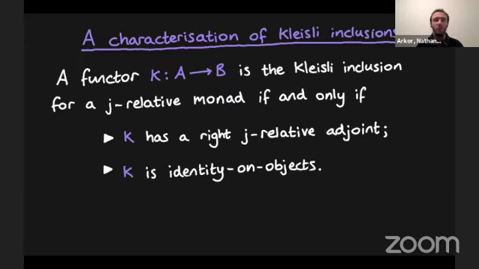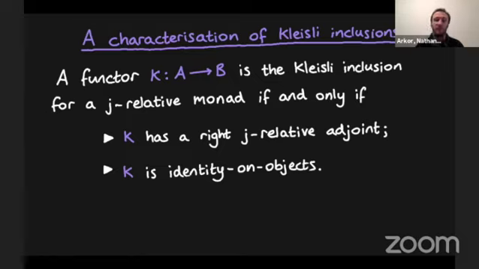Now, the important point which makes this perspective even possible is the following characterization of Kleisli inclusions. So we have a characterization of when a functor is the same as an inclusion of a category into the Kleisli category for some relative monad.